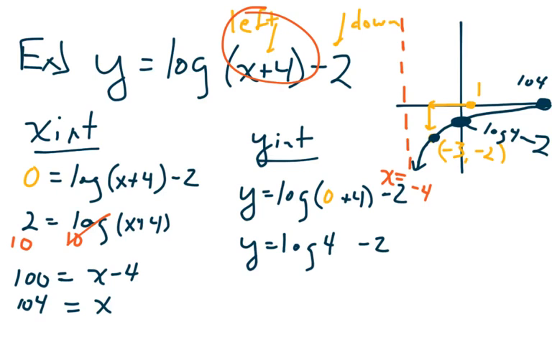Now, if you did get out your calculator because you were just curious about the log of 4 minus 2, you see that it's equal to about -1.4. So it does make sense with the position of all the rest of these points. But the whole point here is for you to be able to see that the shift to the left and down actually did create a shift point that was in line with the rest of this graph.